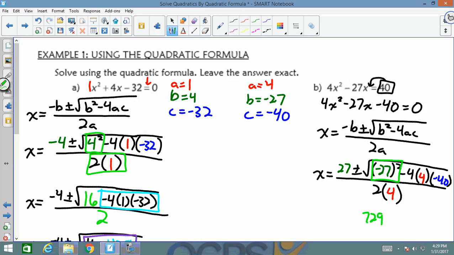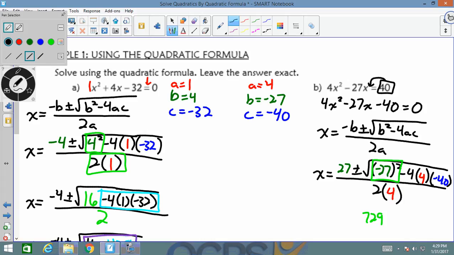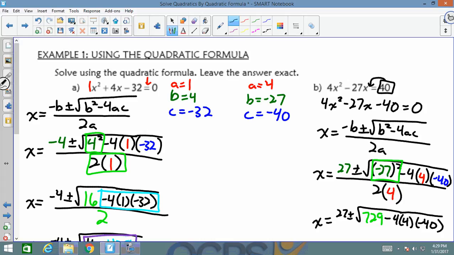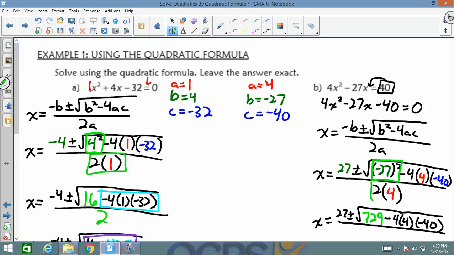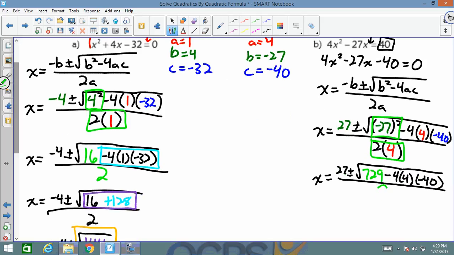Bring everything else down. So x equals 27 plus or minus the square root of that, minus 4 times 4 times negative 40, all over... don't forget, we're also going to do that bottom part down here. So 2 times 4, which gives me 8.